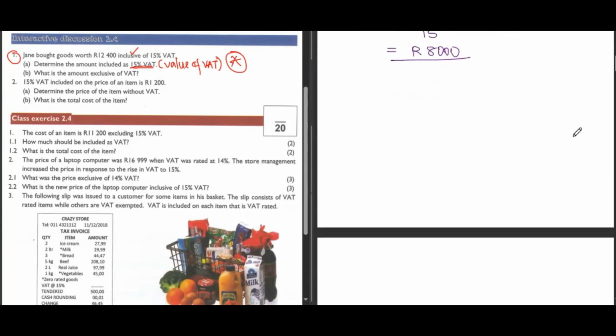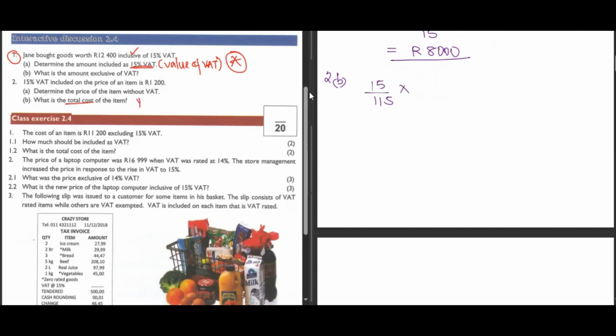Okay, so now we look at question number 2, part B. We can use the normal method, whereby we shall say 15 over 115. Remember, we use this when we're looking for the VAT on price including VAT. And when we look at this question, they're asking what is the total cost.